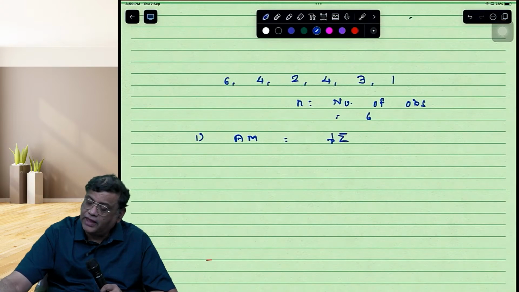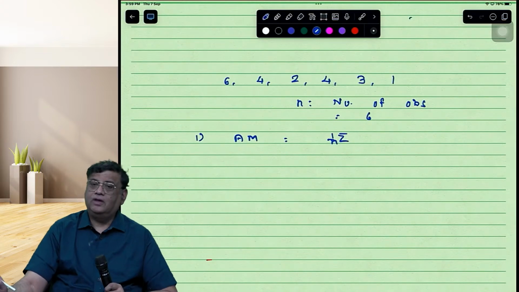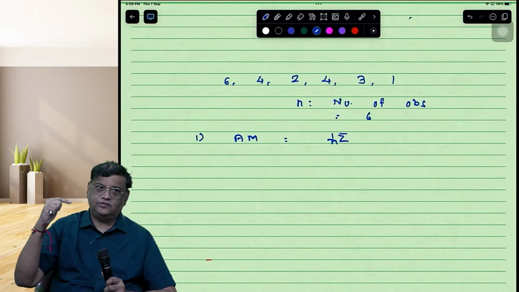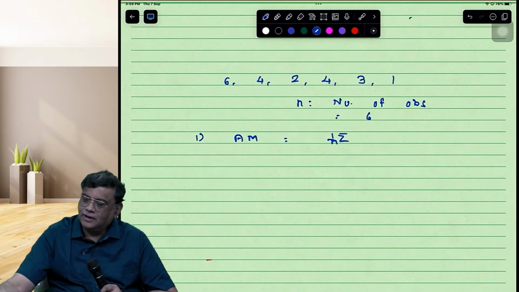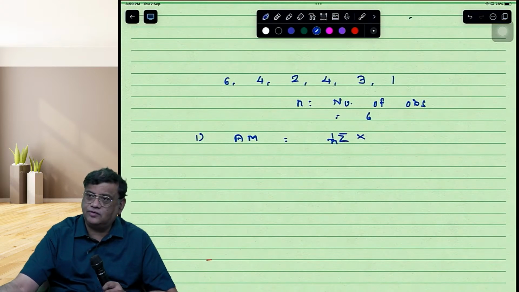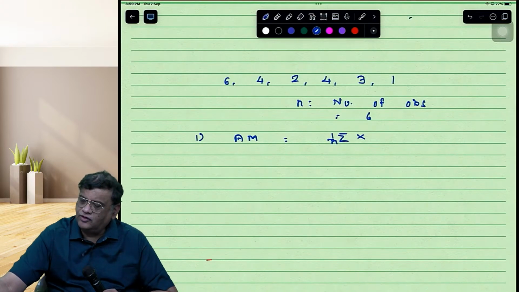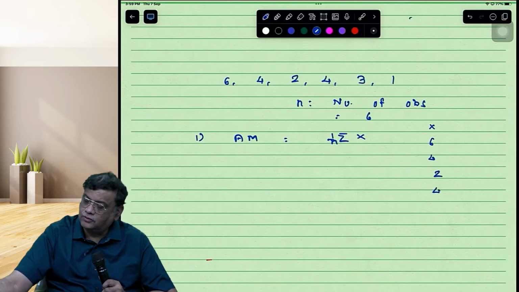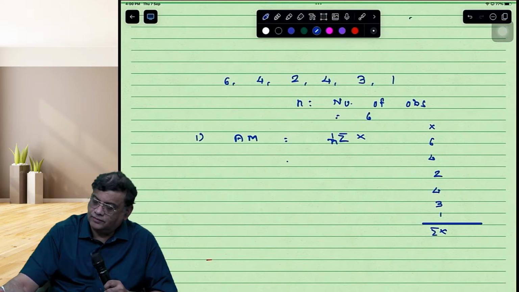Now first of all I want the arithmetic mean, and that arithmetic mean is nothing but take total upon n. Always keep in mind what mean means: take total upon n. Mean of what? It is the mean of x, and therefore we want summation x upon n. The thing to understand is that we need to total the column whose sigma we want. The x values are 6, 4, 2, 4, 3, 1. When you take the total of this column, that is summation x, which is 20.